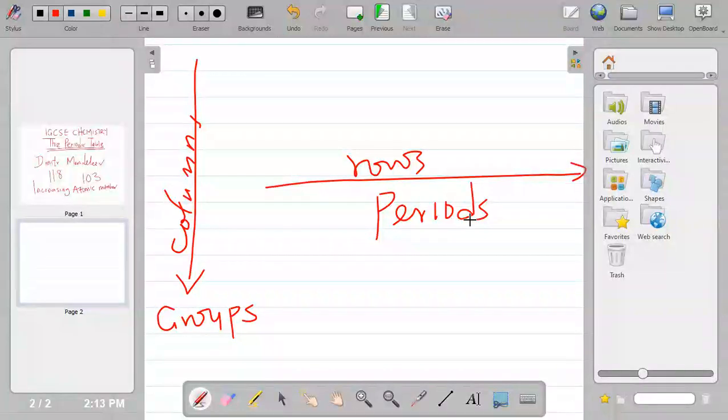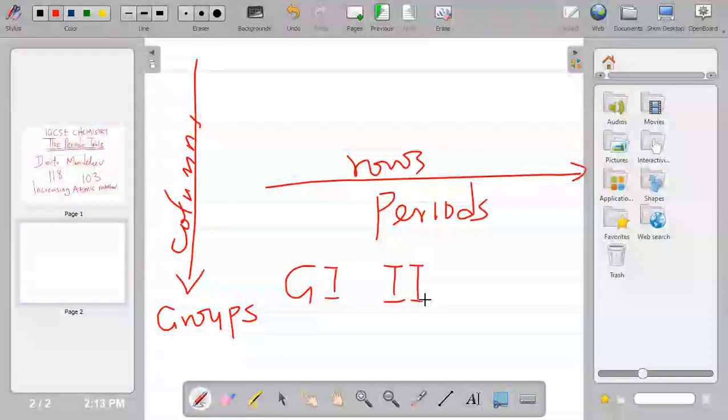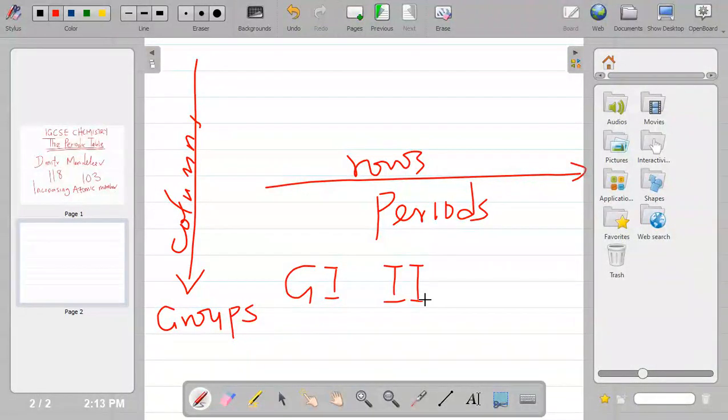These group numbers are written in Roman numerals. So we have group I, II, until we get to group VII for 7 and group VIII for 8.